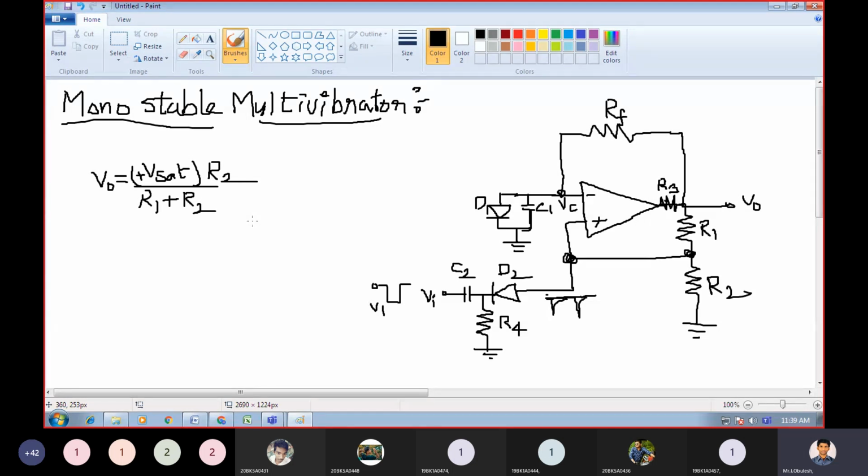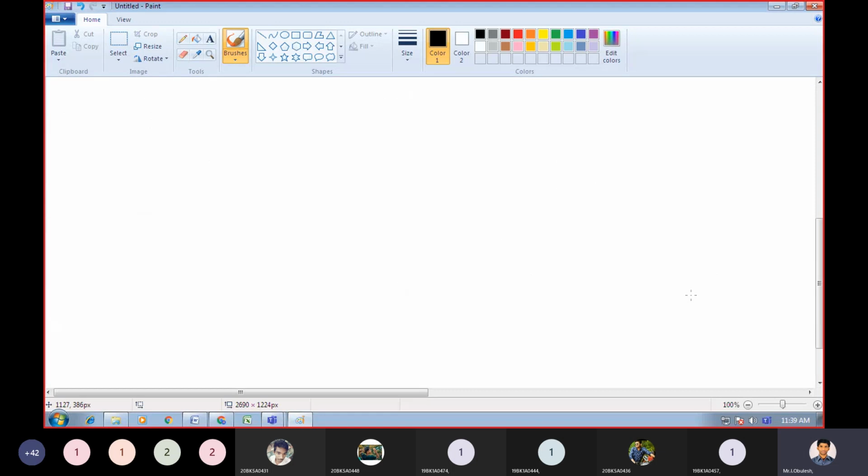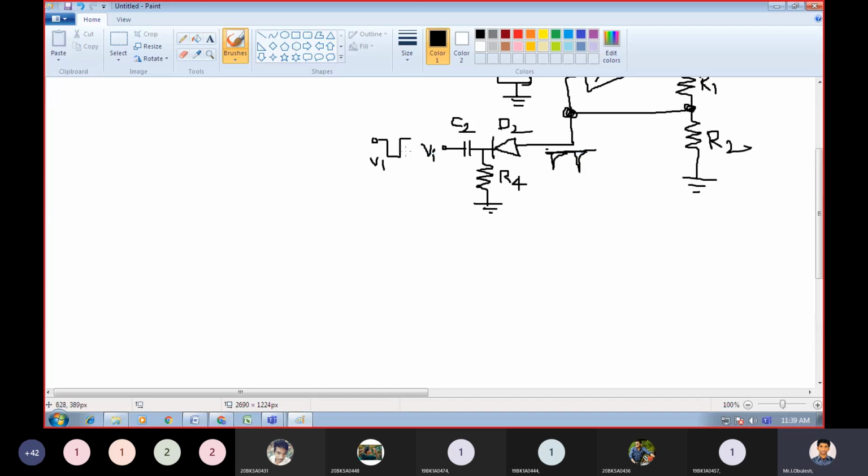So for this you need to draw the graphical representation, then only we'll have clarity. First you need to draw the V input over this one.